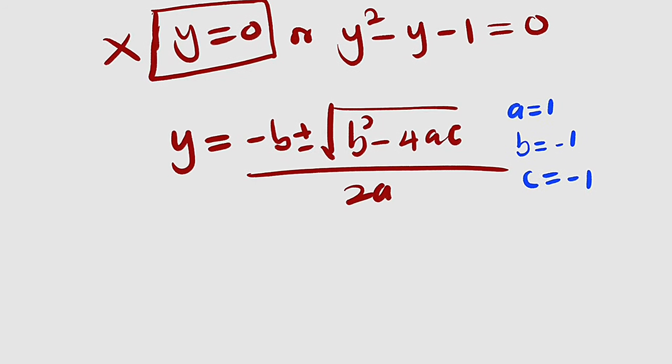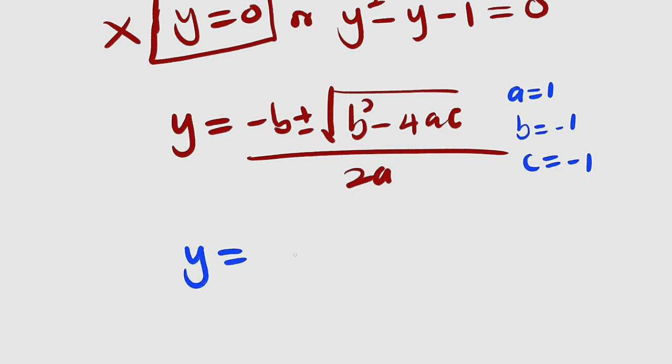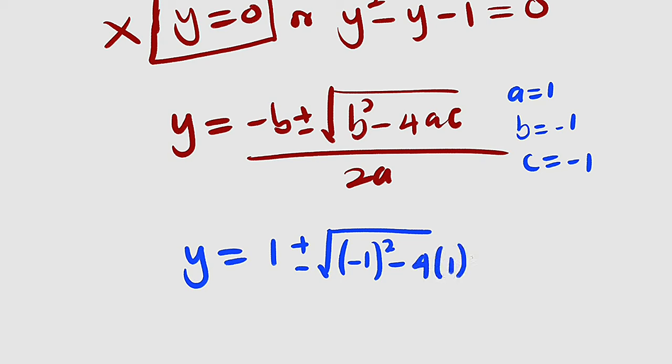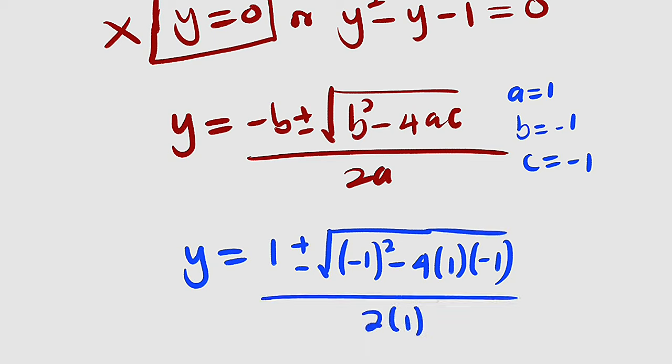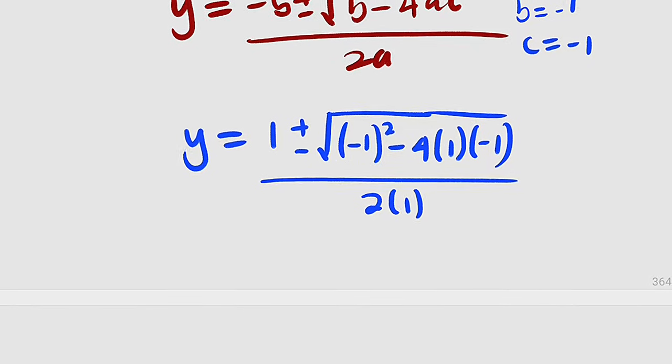So let's substitute. Y is now equal to minus b, but b is already negative, so it becomes positive 1, plus or minus the square root of b squared, negative 1 all squared, minus 4 times a times c, divided by 2 times a, which is 2 times 1.